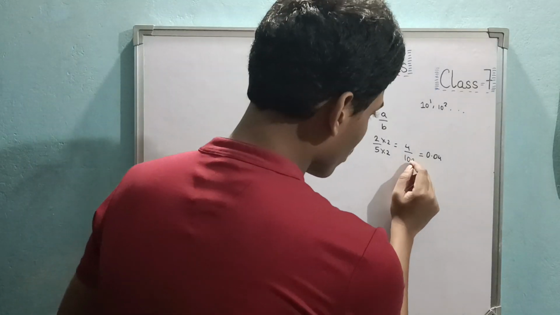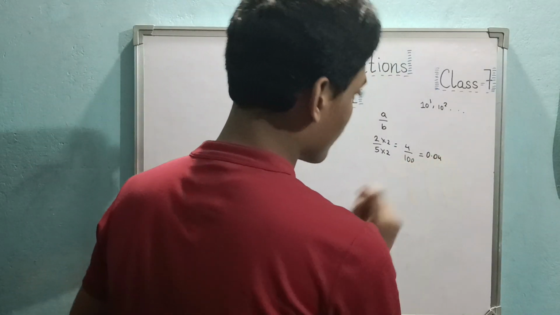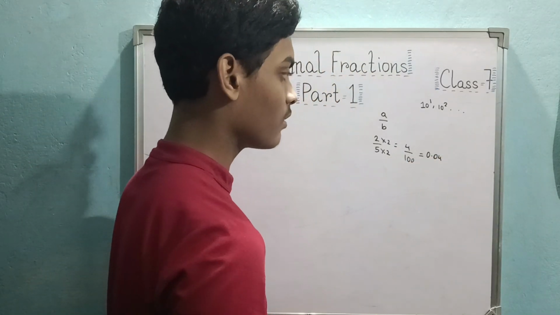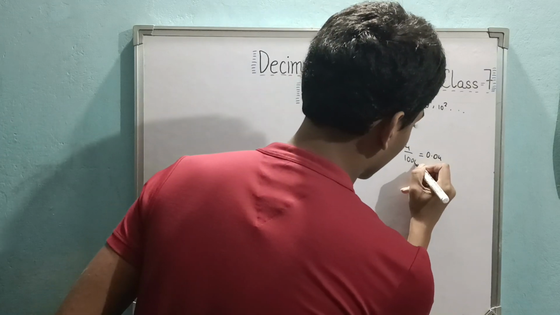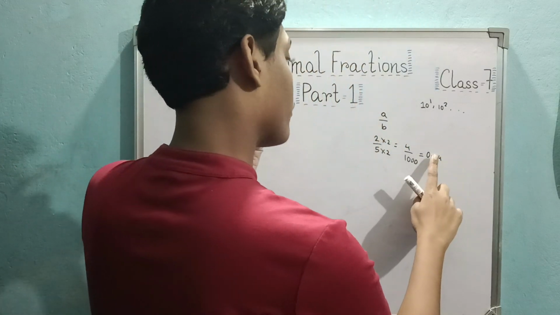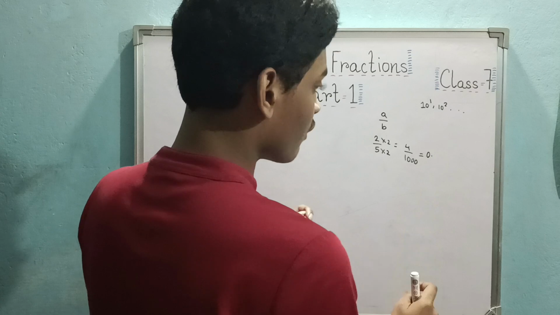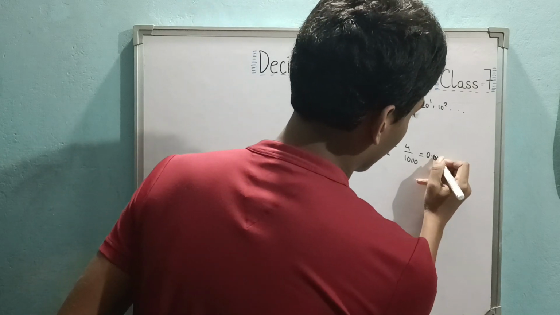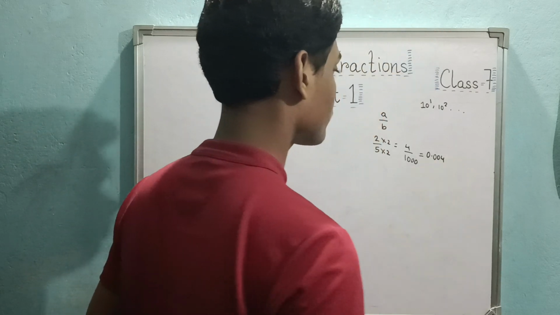The number of zeros is the number of places after the decimal point. That's the rule. Suppose it is 4 by 1000. Then after the point, 3 decimal places, like this, 0.004.